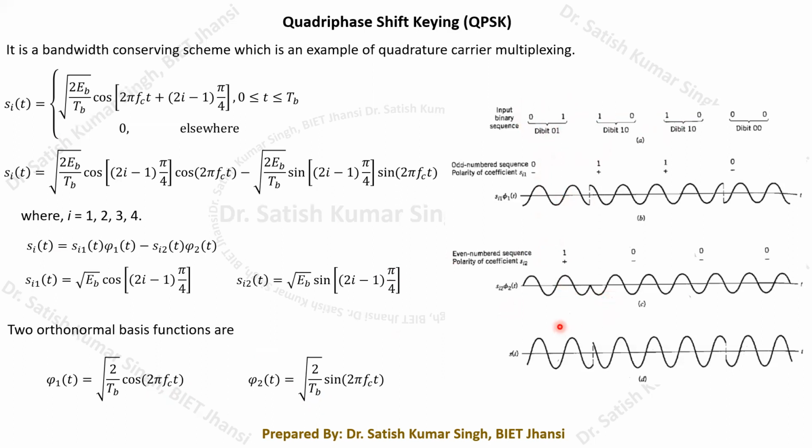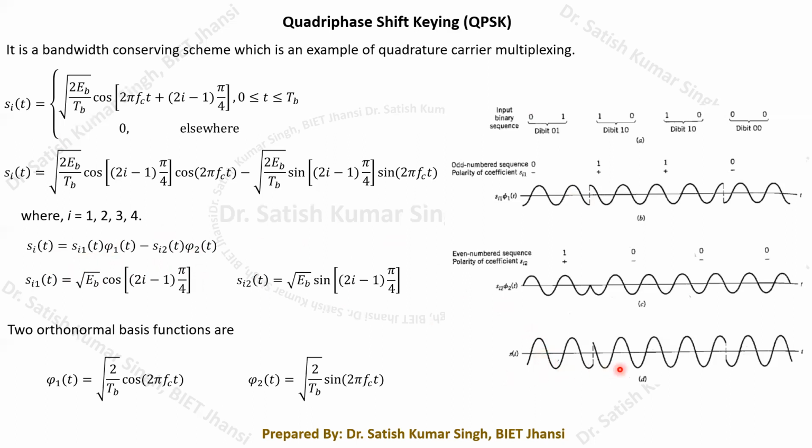Now once we have these two waveforms, the final waveform can be generated by following this particular expression of s(t) equals s1 phi1(t) minus s2 phi2(t). By having this expression of s(t), we can generate this waveform, and this waveform corresponds to our QPSK signal.